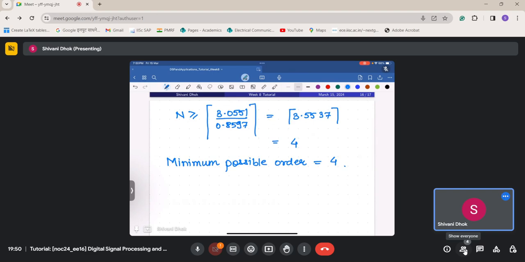Any questions in this particular part, or any question in today's tutorial? This was the last question that I had planned to cover today. If you have any questions, please let me know.